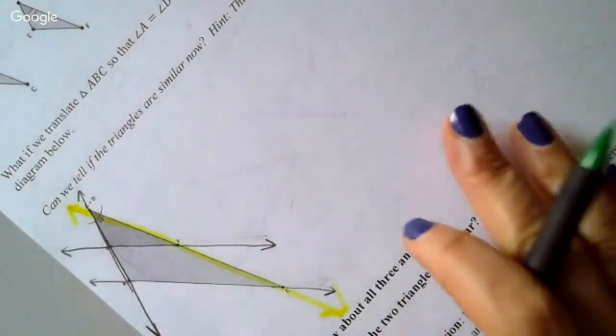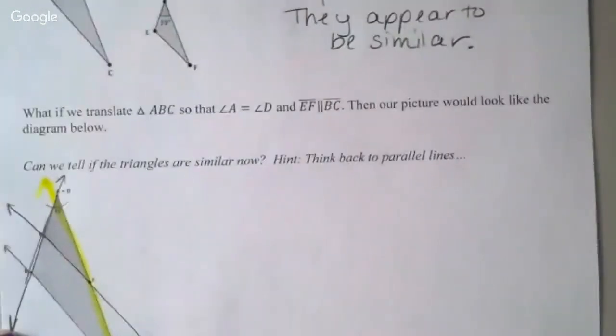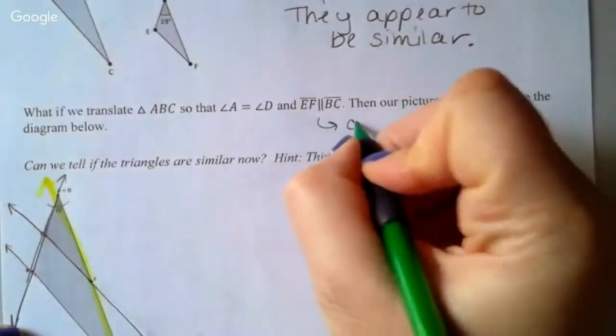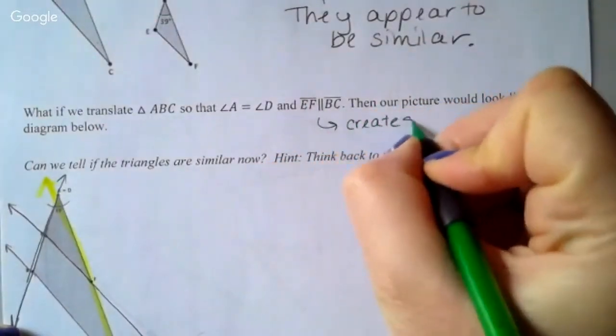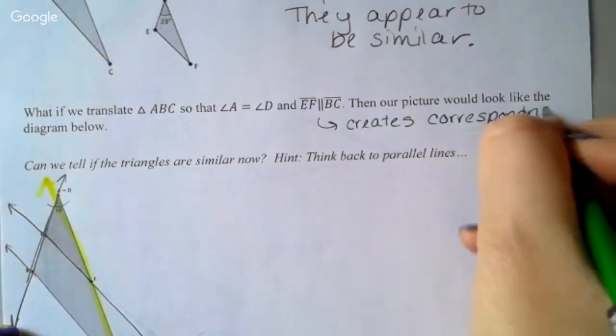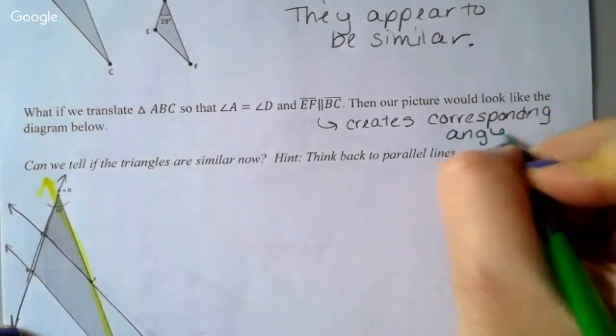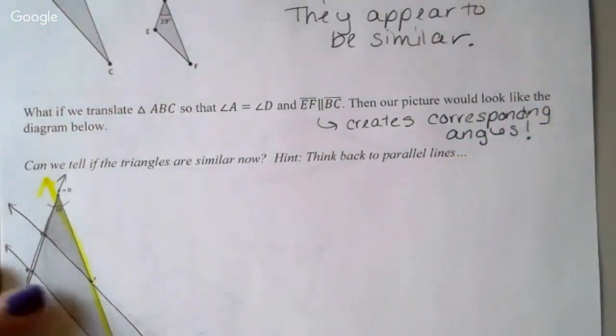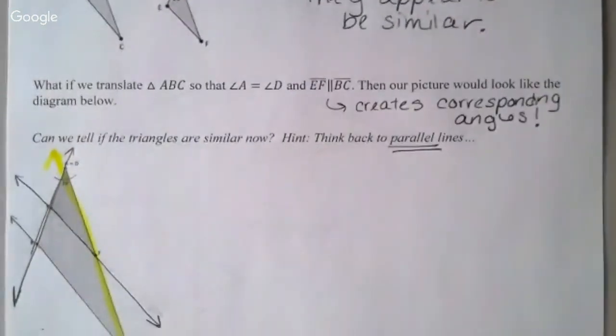Because those lines are parallel, we can start using what we know about angle relationships from our previous chapter to help us get some other angles. Okay, so these parallel lines are going to create our corresponding angles. And now, because of these parallel lines, we can start figuring out some of the other angles.